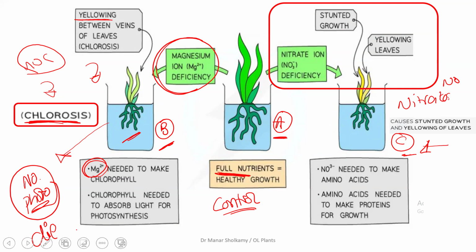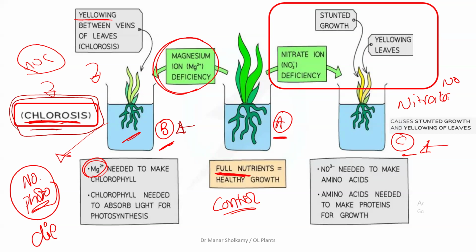Now, I am going to stress the keywords because you keep on forgetting them in your answers and you lose marks. When there is no magnesium, like in plant B, the plant will be yellow. When the plant is yellow, this means that it does not have chlorophyll, and this is the condition called chlorosis. Please remember the name. Chlorosis means no chlorophyll or yellowing of the plant.